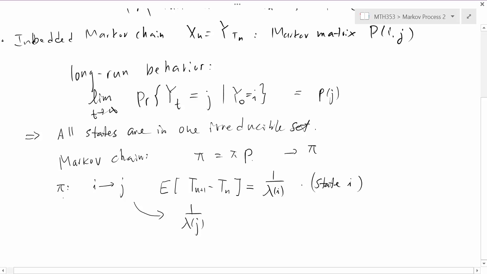So this is how likely we are to get to j, and this is how long it's going to stay in j. If you multiply them, pi_j times 1 over lambda_j, this will give us, over the long run, how long this system Y(t) is in state j. And that's the one we have.